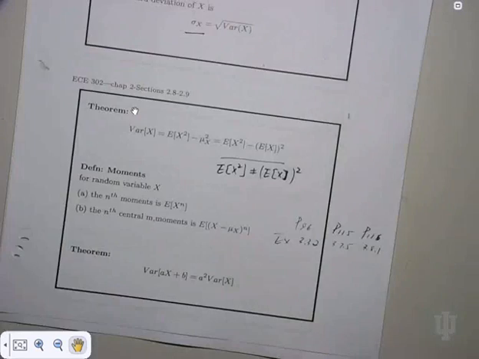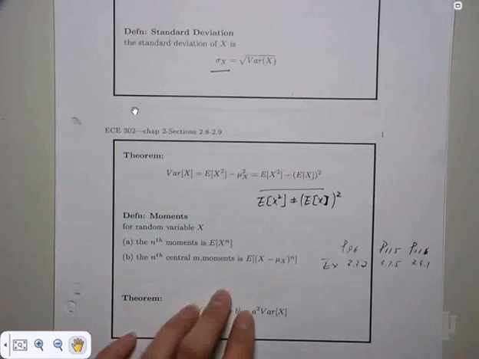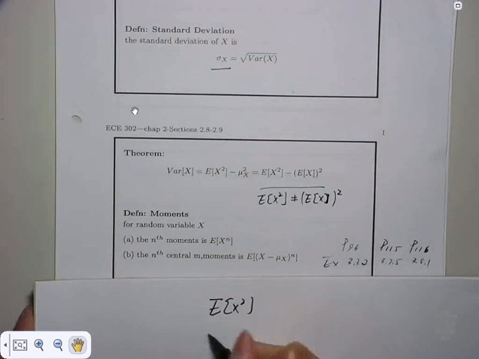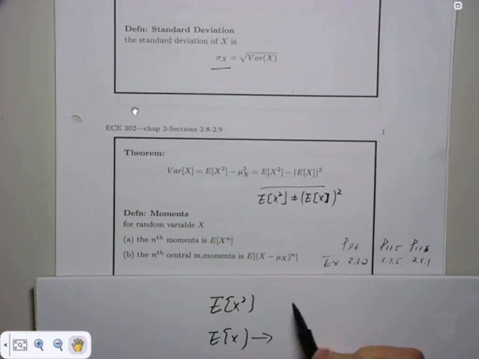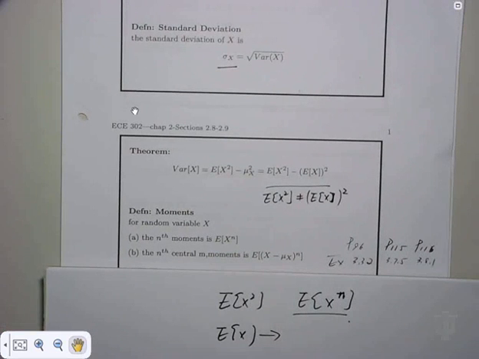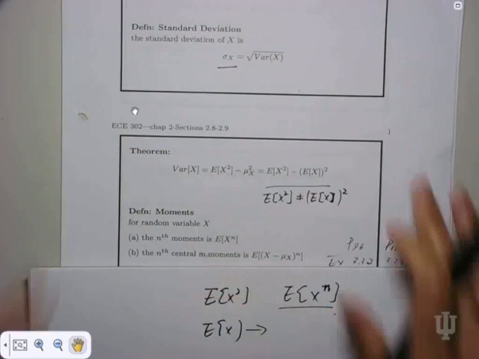And we saw a lot of E of x squared and E of x. Actually, E of x to the nth power is called the nth moment of x. For some reason, it has such a name.